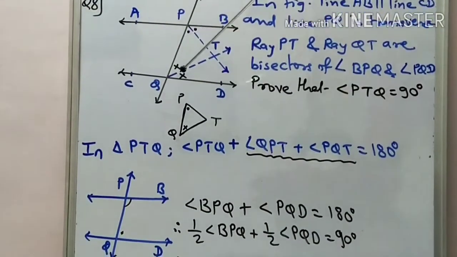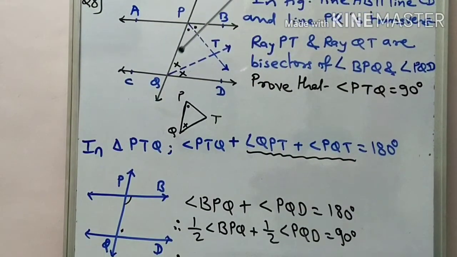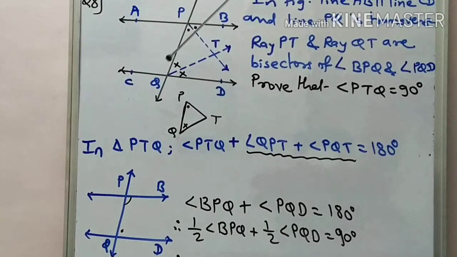That bisector property means ray PT is a bisector, so it divides BPQ into two equal parts and each part is half of BPQ. Similarly, ray QT is a bisector of PQD, means ray QT divides that angle into two equal parts and each part is half of angle PQD.